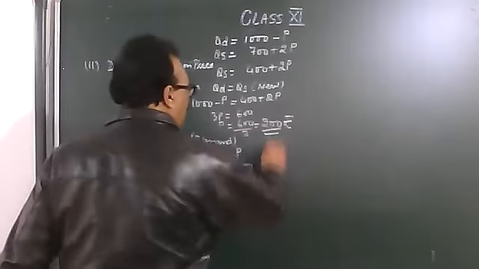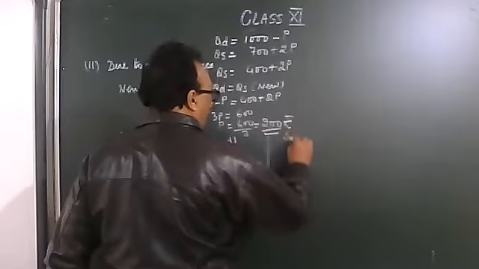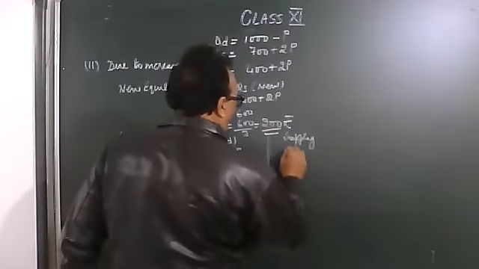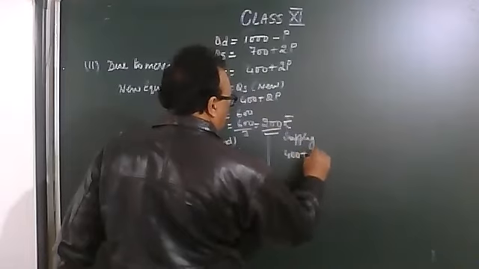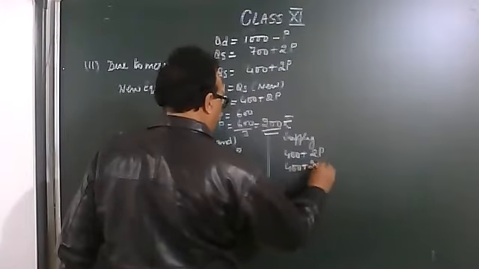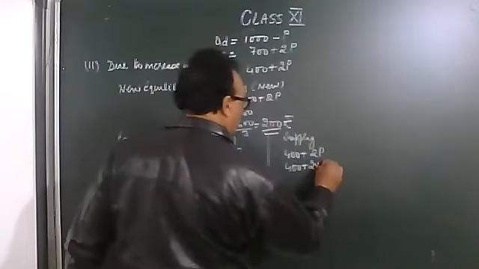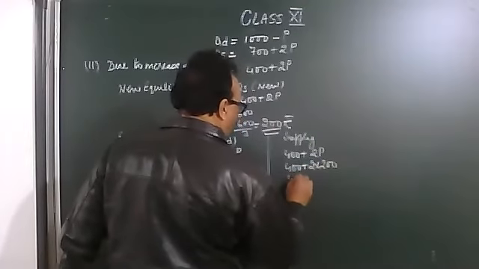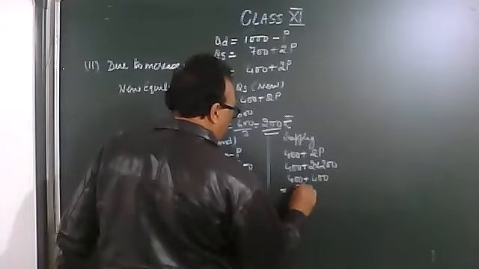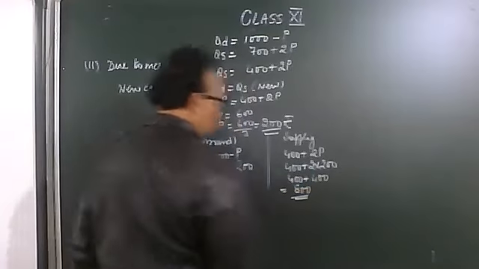From the supply side, what is the new supply? 400 plus 2P, 400 plus 2 into, how much was P? 200. 400 plus 400, that is equal to 800 units.